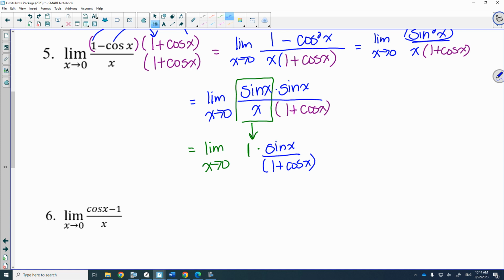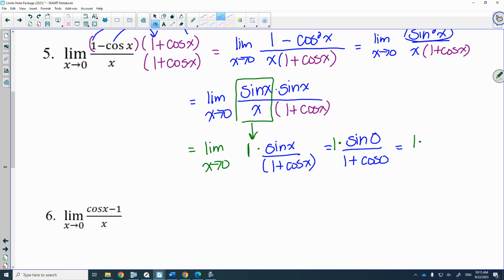Okay, so now that I was able to not cancel, but I was able to use this case because we know that that's 1, now I could substitute in 0 here. So what I'm going to have is the sine of 0 all over 1 plus cosine of 0. And I should bring out, I had a 1 here.